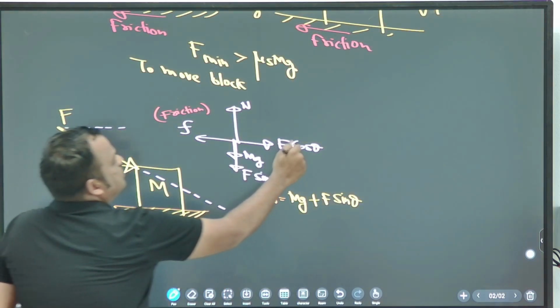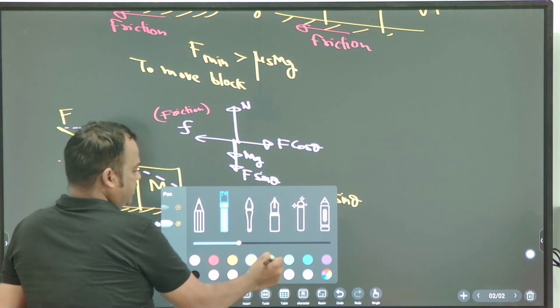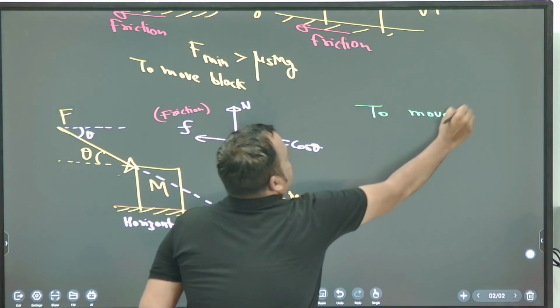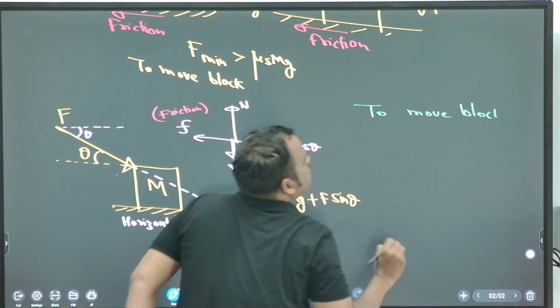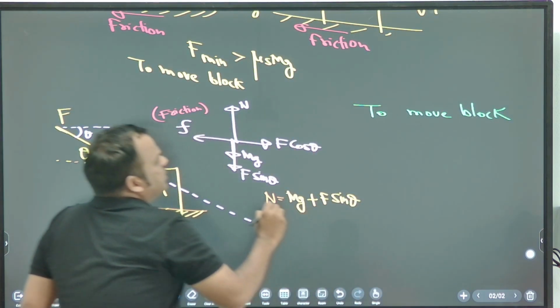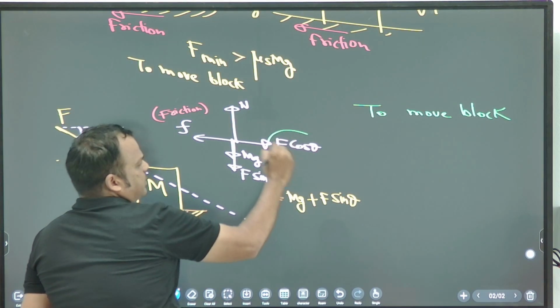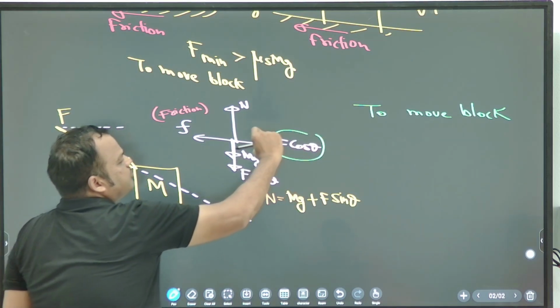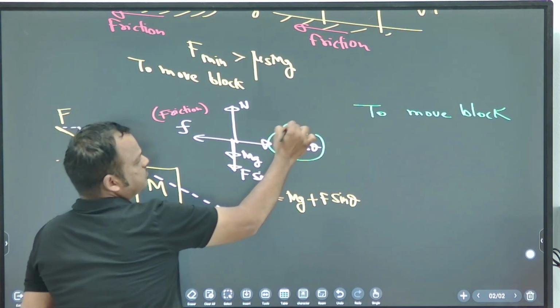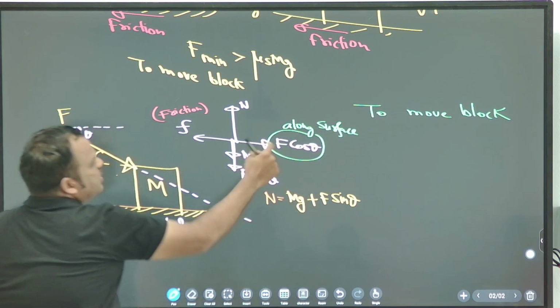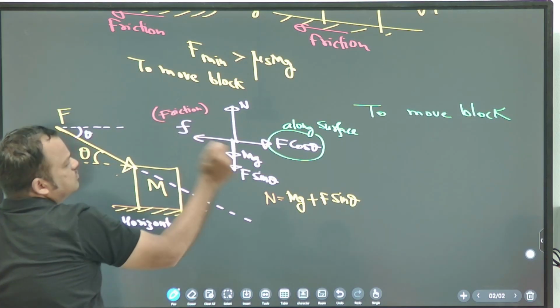So now to move the block, what is the condition now you tell? To move block, what is the condition? Yes, correct, good. So along the surface, force is f cos theta. This is along surface. So you have to overcome friction.